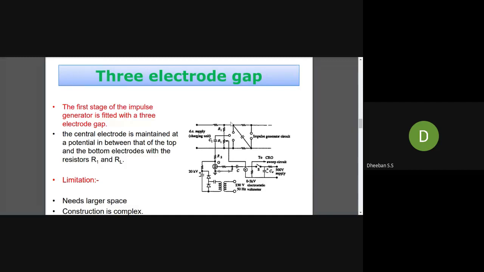Here you can see that the resistors R1 and RL form a voltage divider circuit. The potential of the third electrode is maintained depending upon the values of R1 and RL. In general, this pair gap will be generating the voltage.